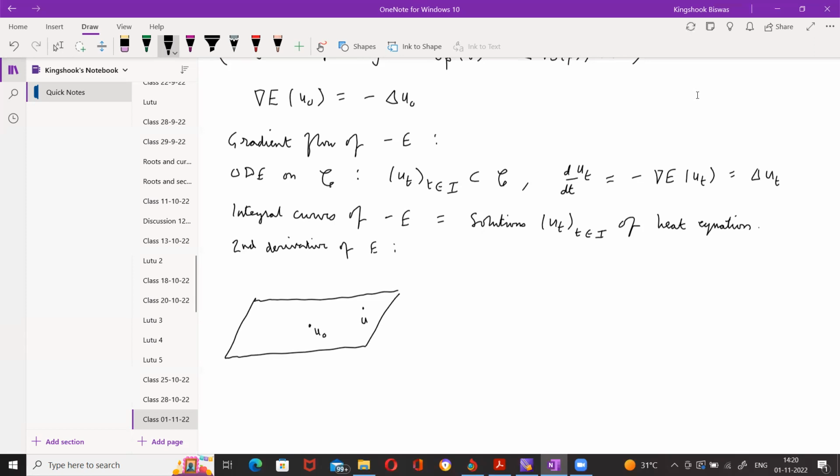You can join them by a straight line in this space, since it's an affine space. This vector u minus u naught belongs to the vector space V. So if we look at this line segment, then the energy function becomes just a function of one variable on this line segment. Let's look at its second derivative along this.